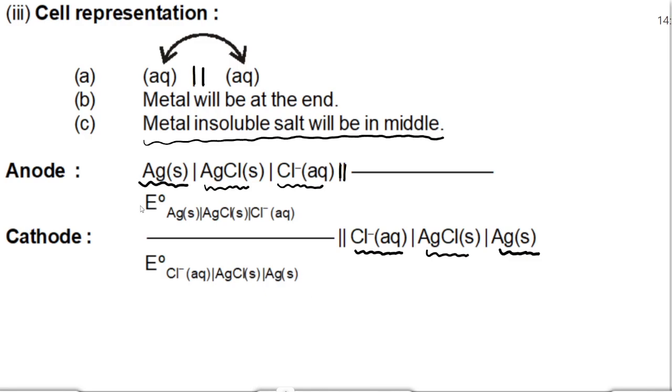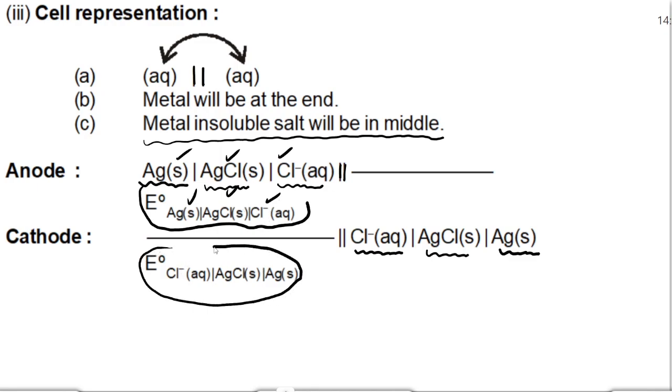So to write it, see, E naught of Ag solid, AgCl solid, Cl negative aqueous. Here E naught of Cl negative, AgCl, Ag solid.